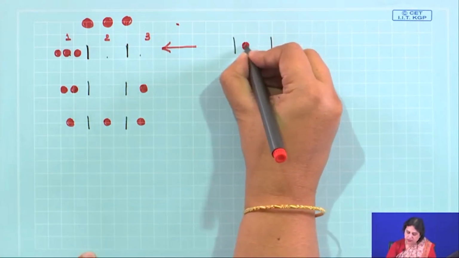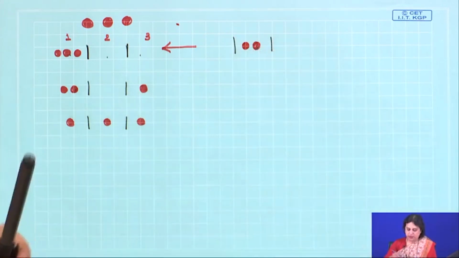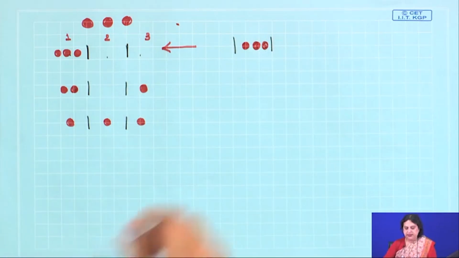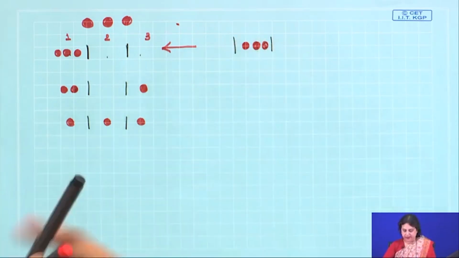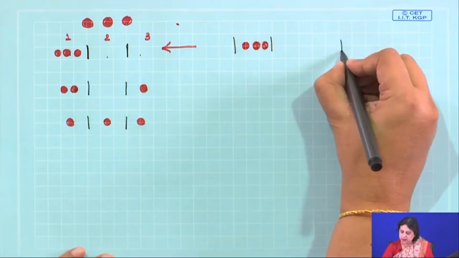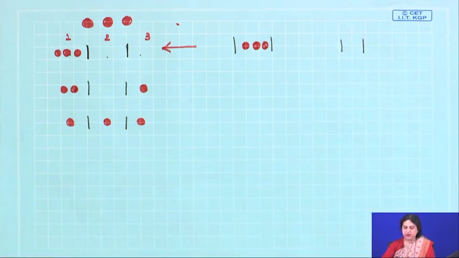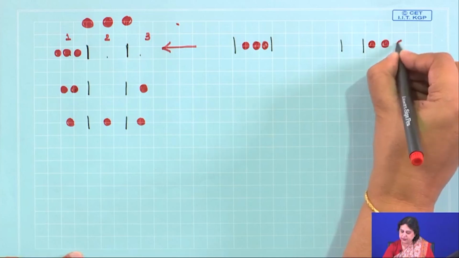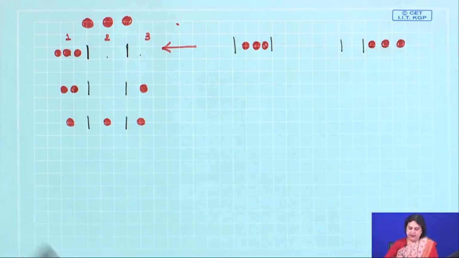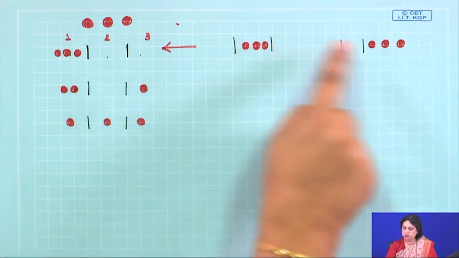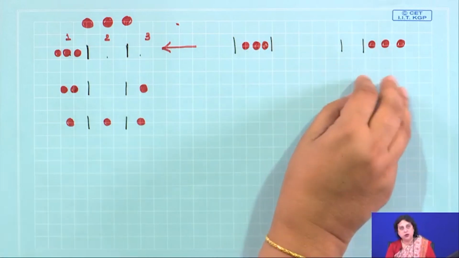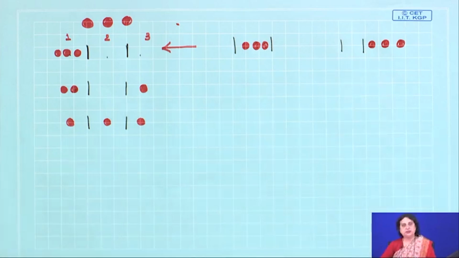Particle 2 is going to have all the 3 quanta of energy, and particles 1 and 3 will not have anything, or else particle 3 will have all the 3 quanta of energy. So I have 1, 2, 3 such states where all the quanta of energy available have been taken up by one simple harmonic oscillator.